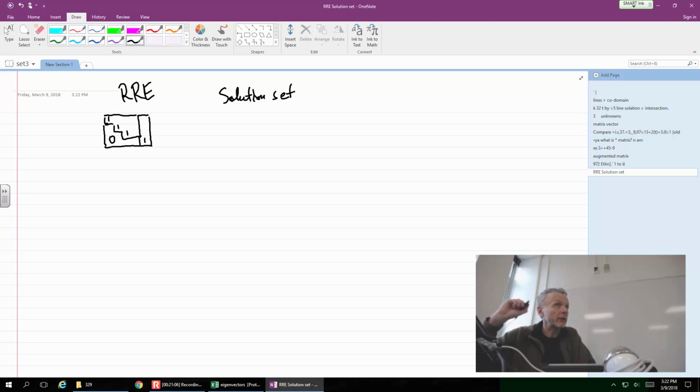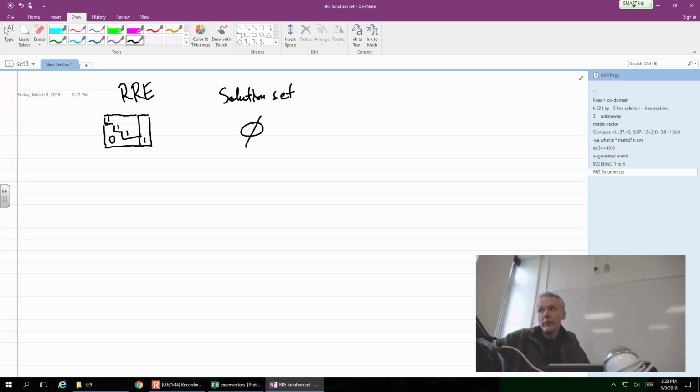Look at the last row. The last row is made of zeros except for the last entry. So there's no solution, right? It is the row echelon form, but there are no leading ones or anything else left in the last row. So I end up with 0 equal to 1, no solution.